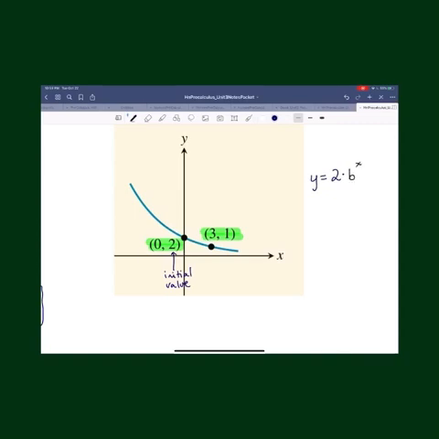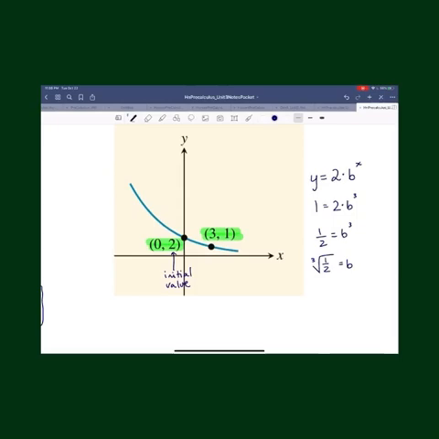And then I plug in the point (3, 1) by replacing y with 1 and replacing x with 3. I divide both sides by 2. That gives me 1/2 is equal to b cubed. And then I take the cube root of both sides, which gives me b is equal to the cube root of 1/2.